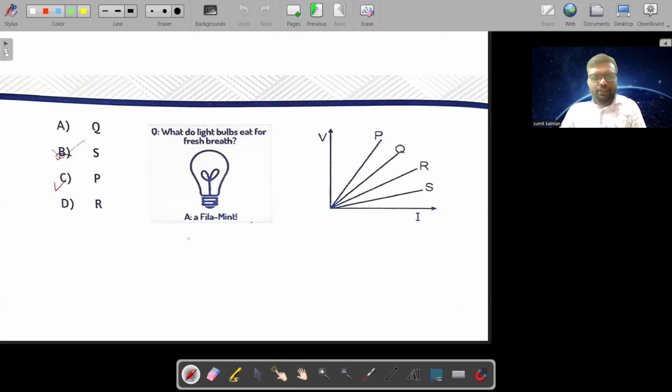So here, if you find its slope, it will come out to be V2 minus V1 upon I2 minus I1, and this is exactly equal to resistance.